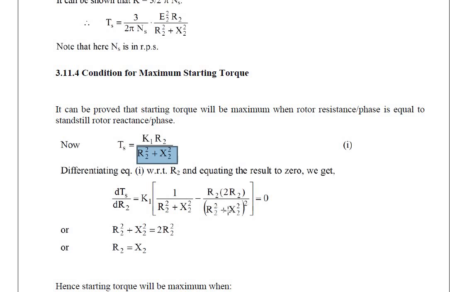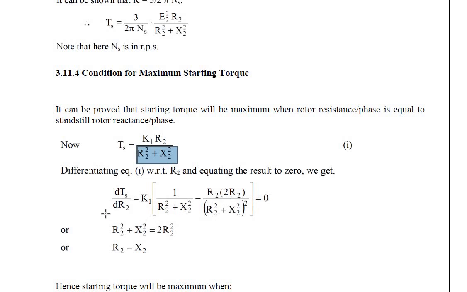Again this term has R2 square plus X2 square, so we differentiate it, which gives us 2R2, and this minus term is for R2 square plus X2 square raised to minus 1, and this is equal to 0.